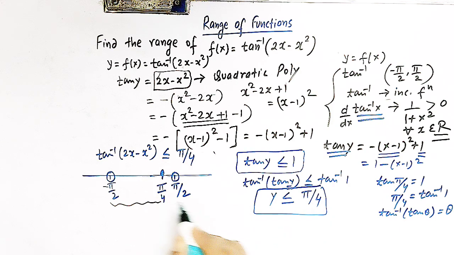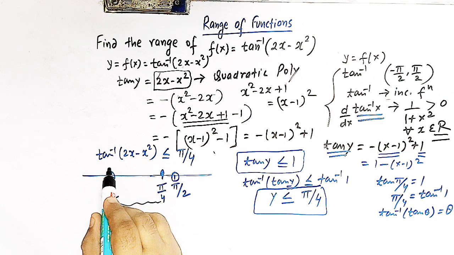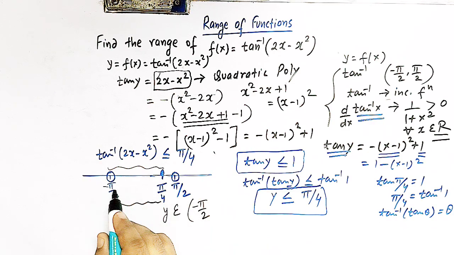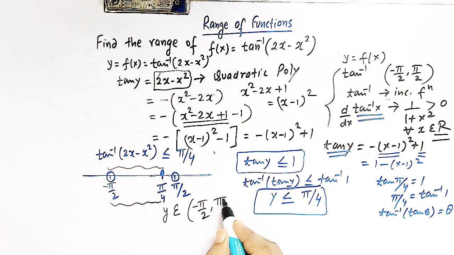So we have located pi by 4 in between minus pi by 2 and pi by 2, and y less than or equal to pi by 4 suggests that we have to consider only this interval, that is y belongs to the interval minus pi by 2 to pi by 4, because here the equality sign holds, right? So y belongs to the interval which is open from left and closed from right.